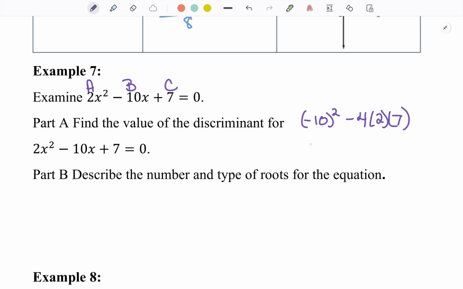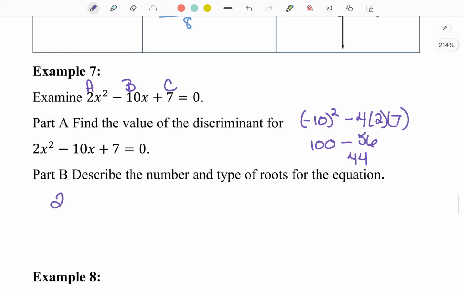So negative 10 squared is 100, and then that's going to be minus 56. So 100 minus 56 is 44. So this is a positive number, so our discriminant is positive, but it is not a perfect square. So we are going to have 2 real irrational roots.